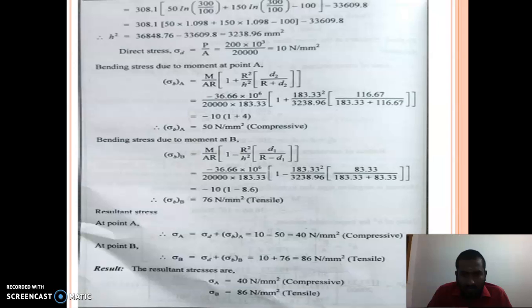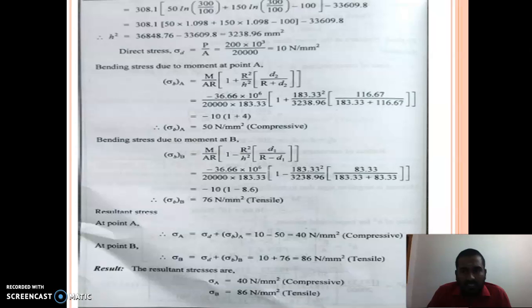On a brief note, problem solving is very easy compared to the derivation part, but here there are two important points you have to notice. First is whether the moment is positive or negative. When the load is applied in such a manner that it pulls the farther ends apart, we take that moment as negative. You have to be very careful about that. And also whether it is plus y or minus y.